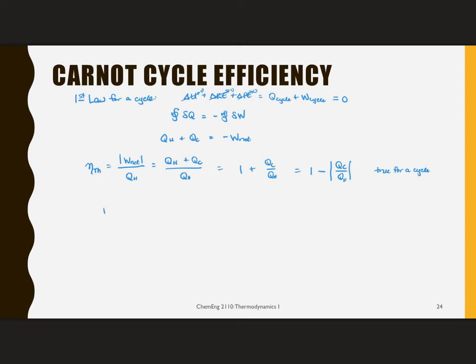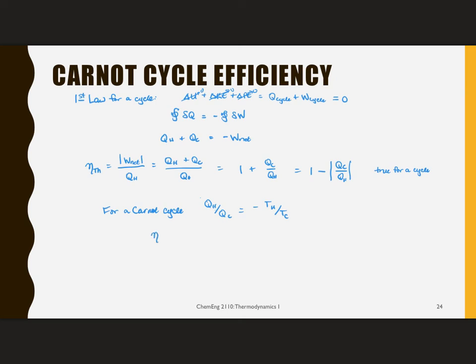Okay. And for a Carnot cycle, we said moments ago that QH over QC is equal to negative TH over TC, or if we were to do this in absolute value, the QH over QC in absolute value is equal to TH over TC.